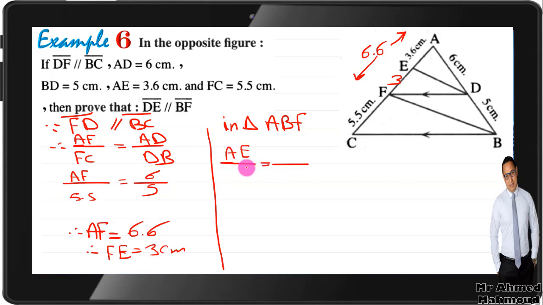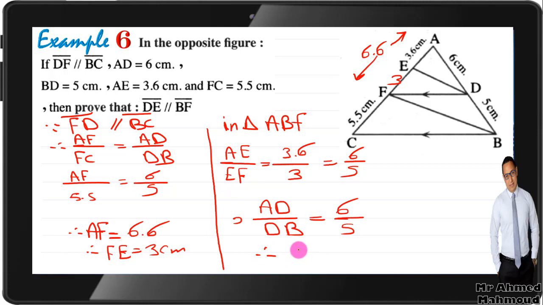AE over EF equals 3.6 over 3 equals 6 over 5, and AD over DB also equals 6 over 5.